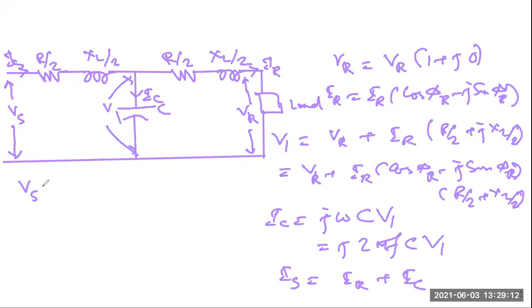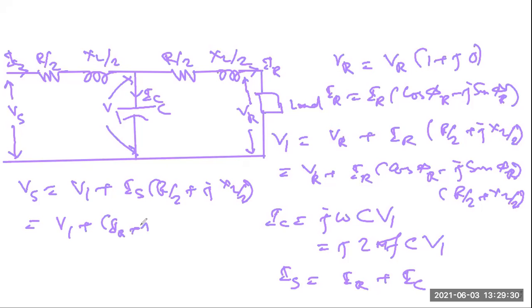VS will be equal to V1 plus Is into R by 2 plus j XL by 2. So this is equal to V1, which we have calculated, plus Is, that is IR plus IC, into R by 2 plus j XL by 2.